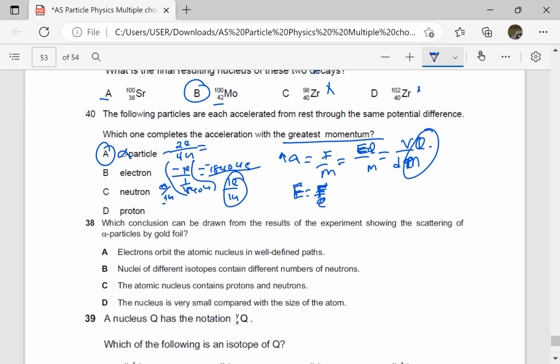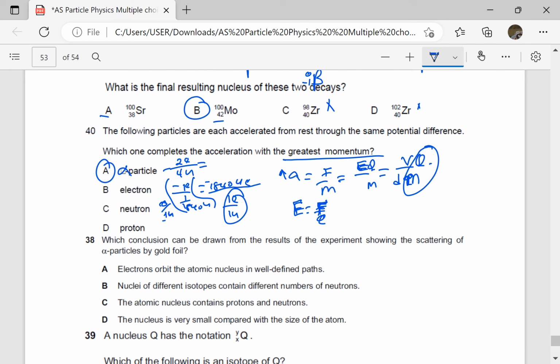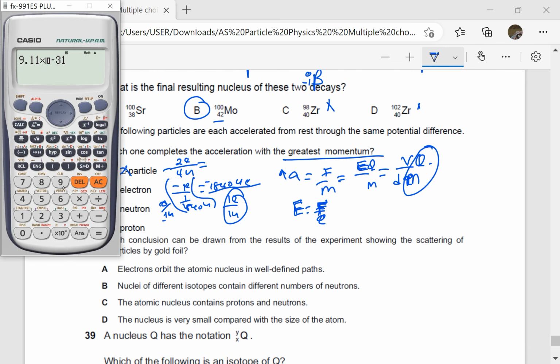So if you look at the mass of an electron as 9.11 times 10 power negative 31 times the speed, which is approximately 0.99 c, with c being 3 times 10 power 8, you see that its momentum is going to be very, very small.